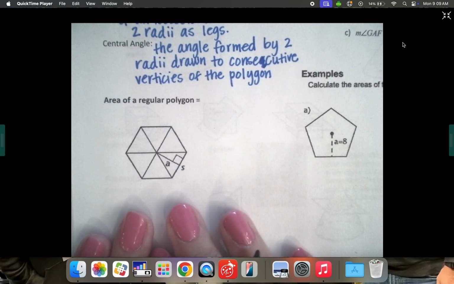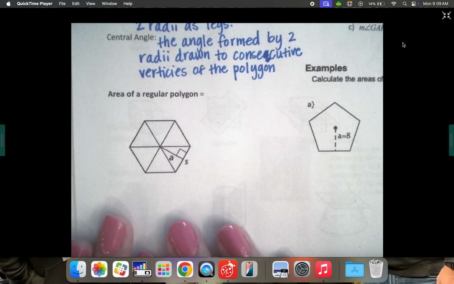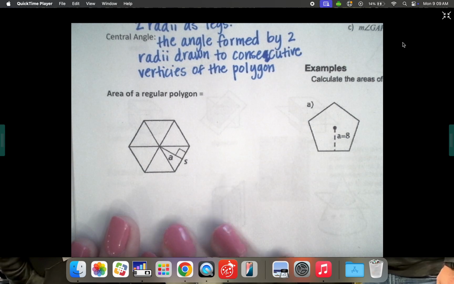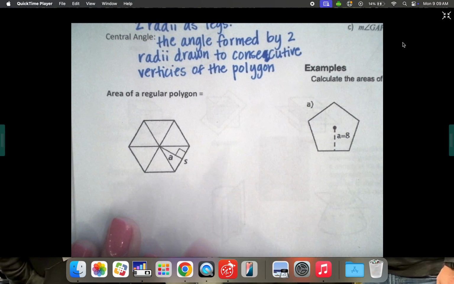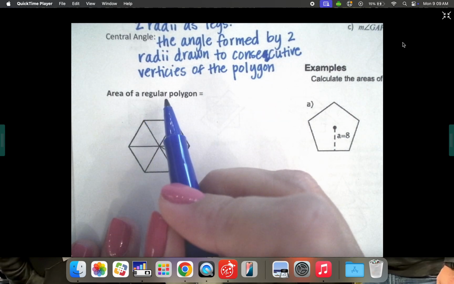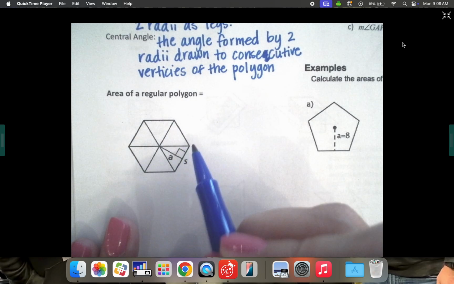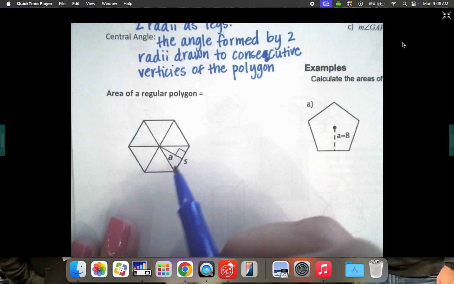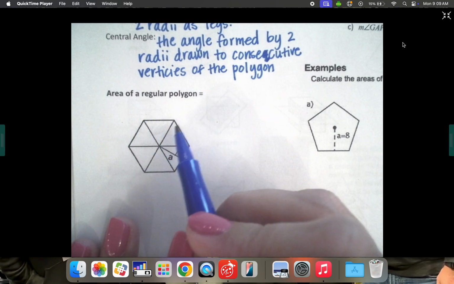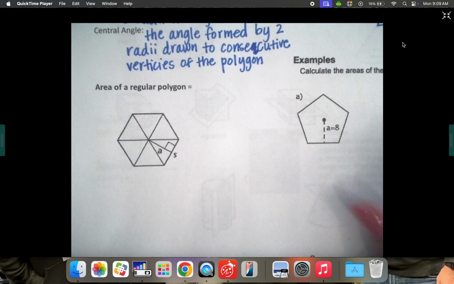Okay, let's go back to our last, I would consider this still vocabulary, and then we'll get into how to solve them. So if you have any regular polygon, and again, remember regular polygons all have the same side length and have the same angle measures within. So, here is your formula for that.